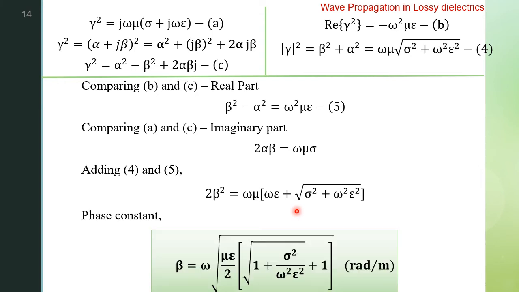So when you find beta, it is omega into root of mu epsilon by 2 into root of 1 plus sigma square by omega square epsilon square plus 1. And this gives us the value of phase constant beta, and it is measured in the unit radians per meter. Since it is phase constant, it is a phase shift per unit length. It is measured in radians per meter.